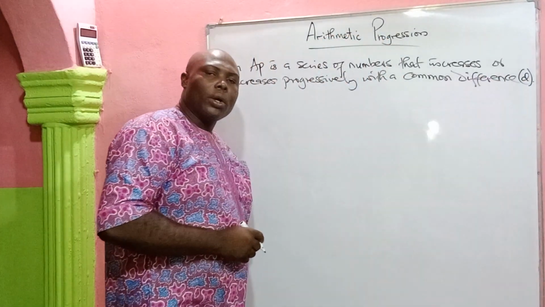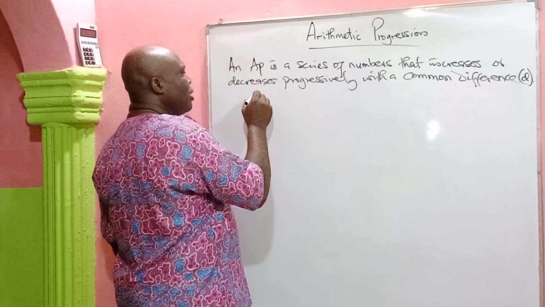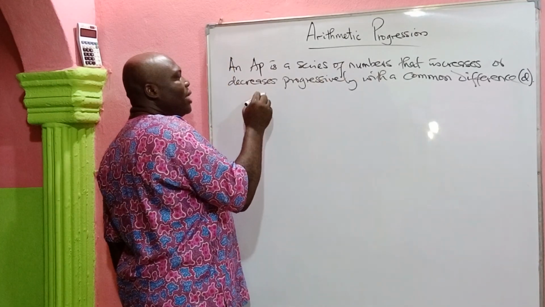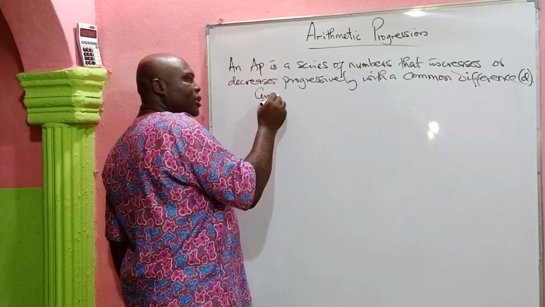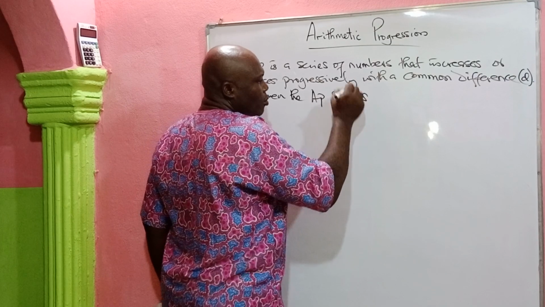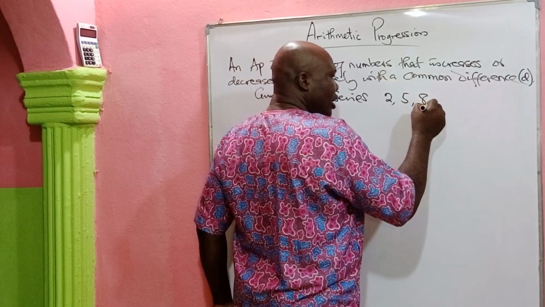Now we have what we call the first term of an AP series. For instance, given the AP series, let's say 2, 5, 8, and so on.